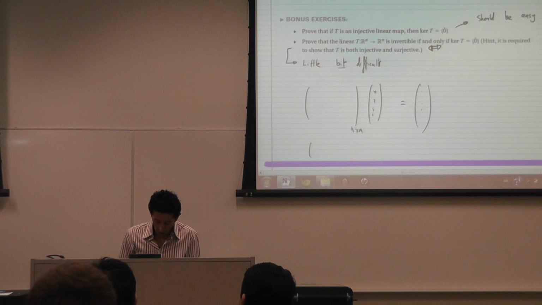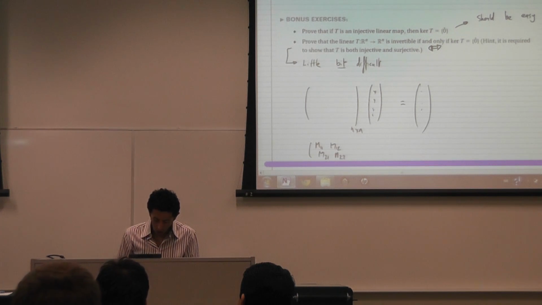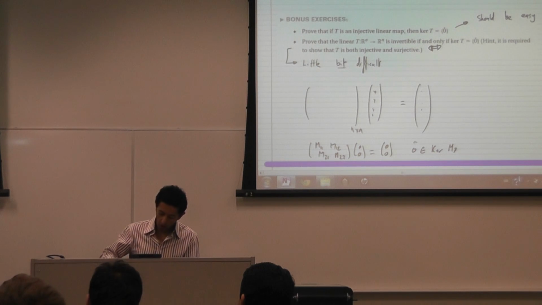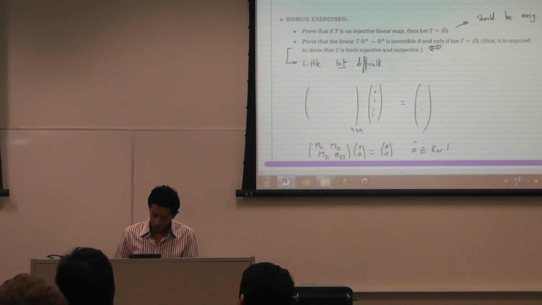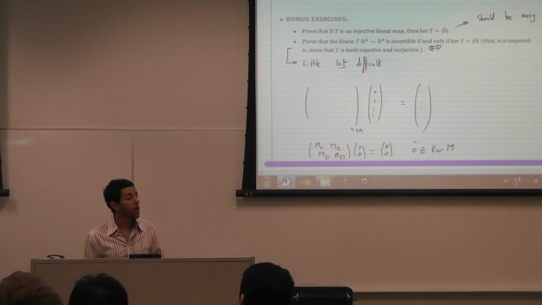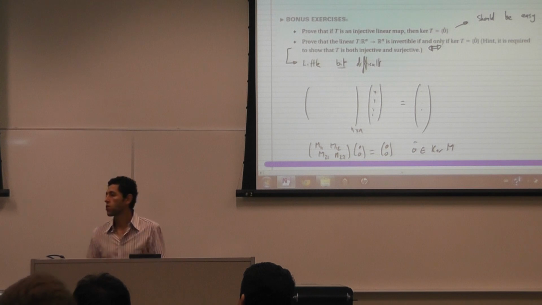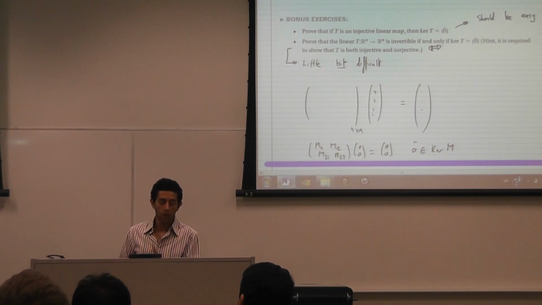Because we know, of course, that any matrix M11, M12, M21, M22, when I multiply it by the 0 vector, I will get the 0 vector. So, of course, the 0 vector is always an element of the kernel of M. And the question is always, are there any other elements in the kernel of M? If there are no other elements in the kernel of M, and M is a square matrix, then it's invertible right away. And these are what those bonus exercises want you to show.